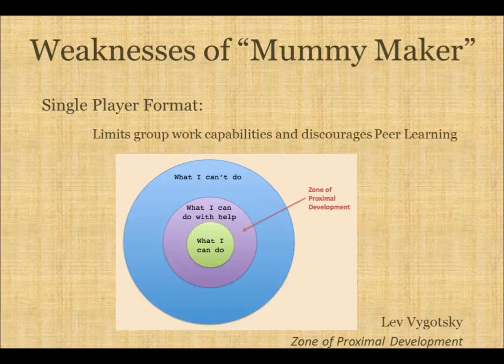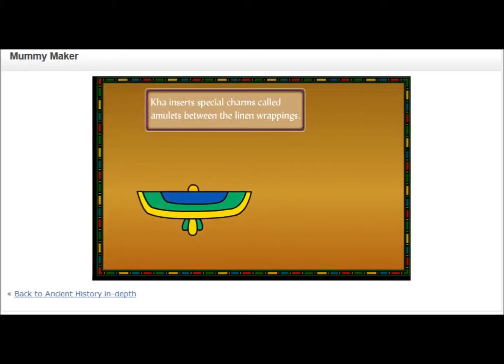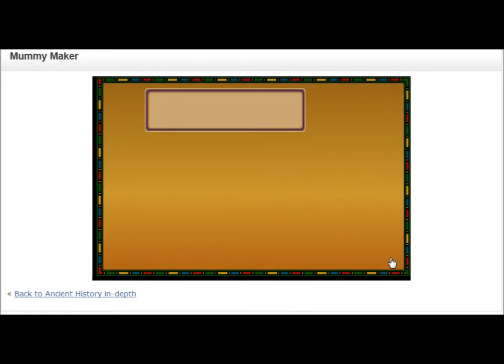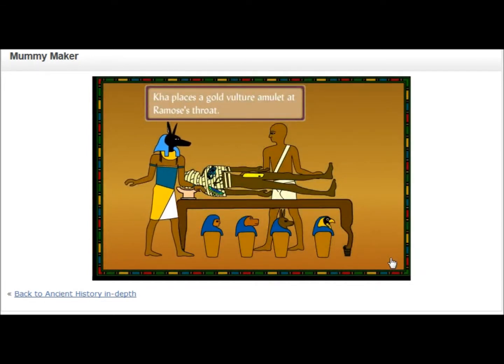and discourages peer learning. By having the student interact with the mummification process, Mummy Maker has the student directly engage with an ancient procedure only known to modern society by extensive research with first-hand evidence.